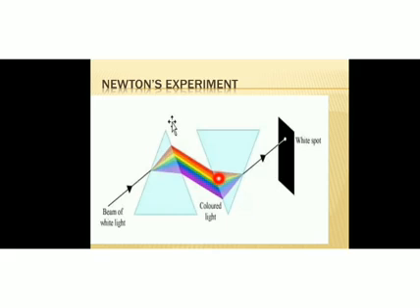But at the same time, the violet color has the minimum wavelength and it is deviated most. So that's why violet is seen at the bottom of the spectrum and red is observed on the top of the spectrum. And all other colors have wavelengths in the range in between violet and red.